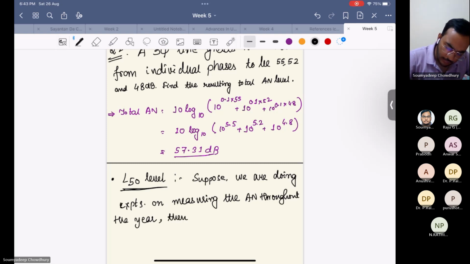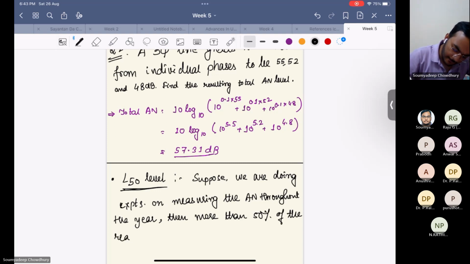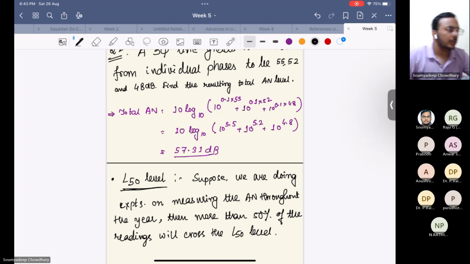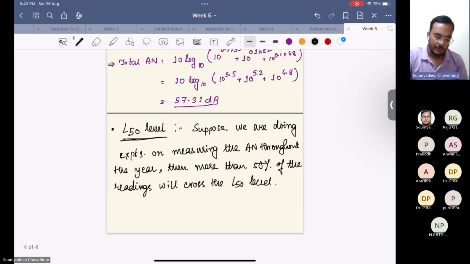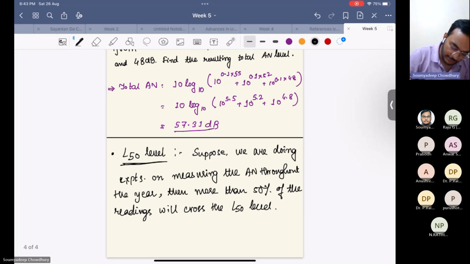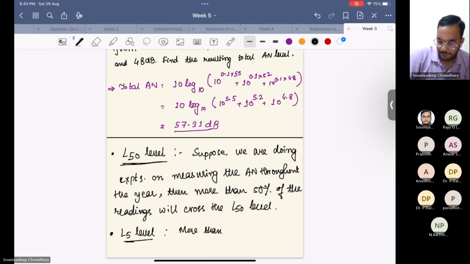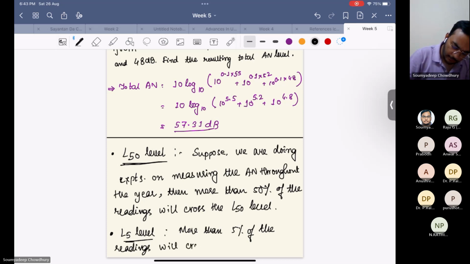Then more than 50% of the readings will cross the L50 level. This is basically the L50 level. And we have another term which is known as L5 level. Similar to L50 level, it is the level that more than 5% of the readings will cross.